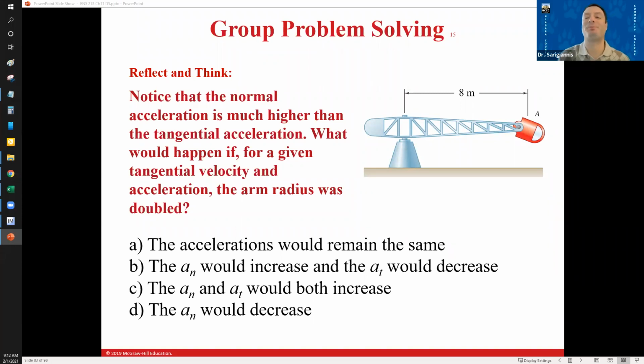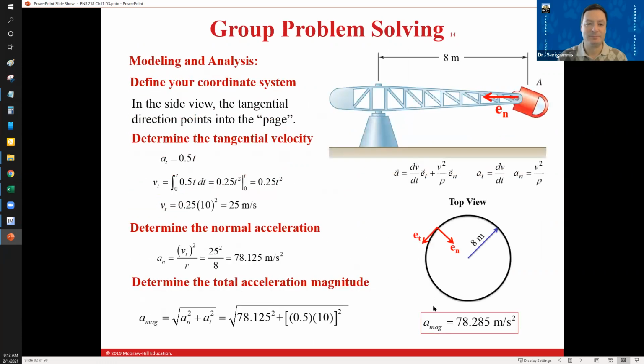All right, so the question. Well, background, right? Notice the normal acceleration is much higher than the tangential acceleration, right? So if we go back here, do we even calculate the tangential? Oh yeah, it's sort of calculated.